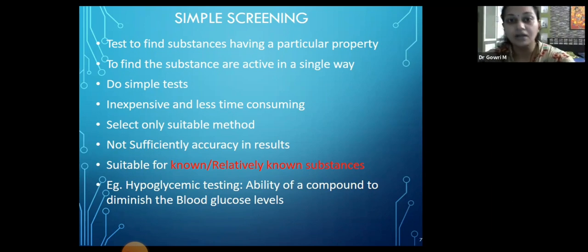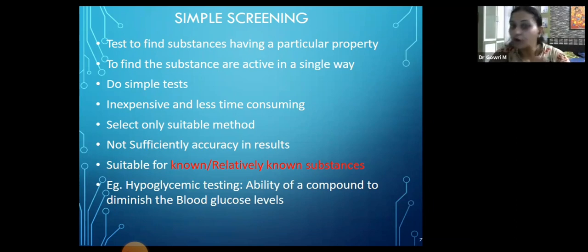But if we are given an unknown drug, or a drug with unknown activity, then we have to screen whether it has hypoglycemic or hyperglycemic activity, hypertensive or hypotensive activity, hyperlipidemic or hypolipidemic activity, whether it is going to give tachycardia or bradycardia, or whether it is going to be neutral to our body. So we don't know what the effect of a particular substance is.